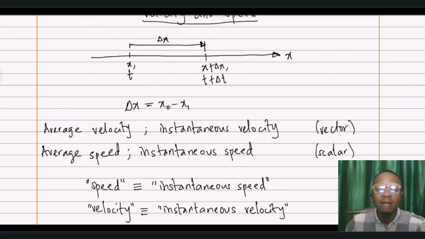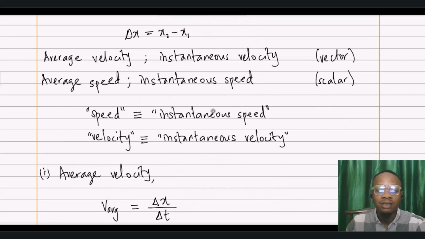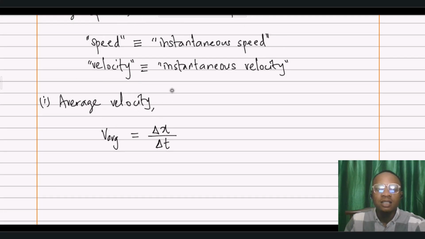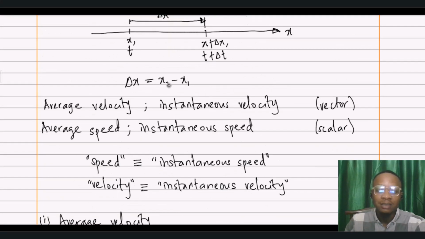So the time interval during which the displacement occurs, that's delta t. Of course, time interval will always be positive, so this one cannot be negative. We're not working back in time. Whether you can work back in time or not, it's not our business in this course. So delta x is the displacement. We've discussed that already. So we know that displacement is a vector.